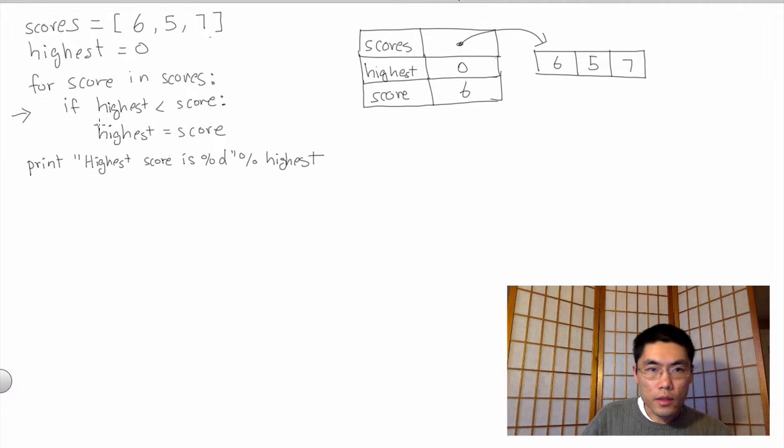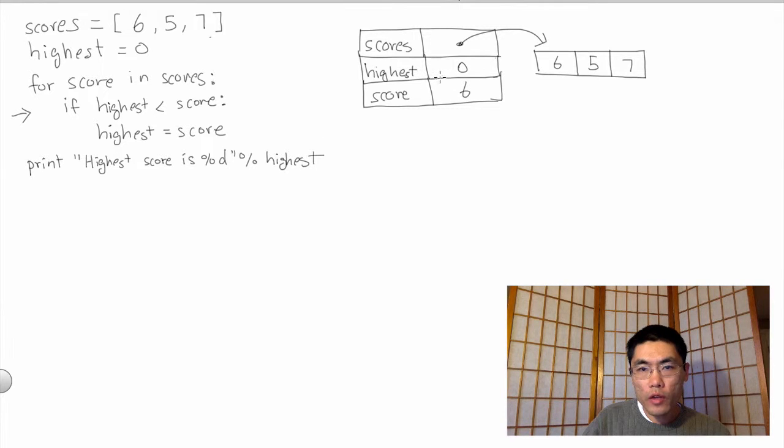This next line is an if statement, and depending on whether or not the conditional clause of the if statement is true, it could either move on to the consequent clause of the if statement, or it could just bypass it altogether. So the question here in the conditional clause is, is highest less than score?